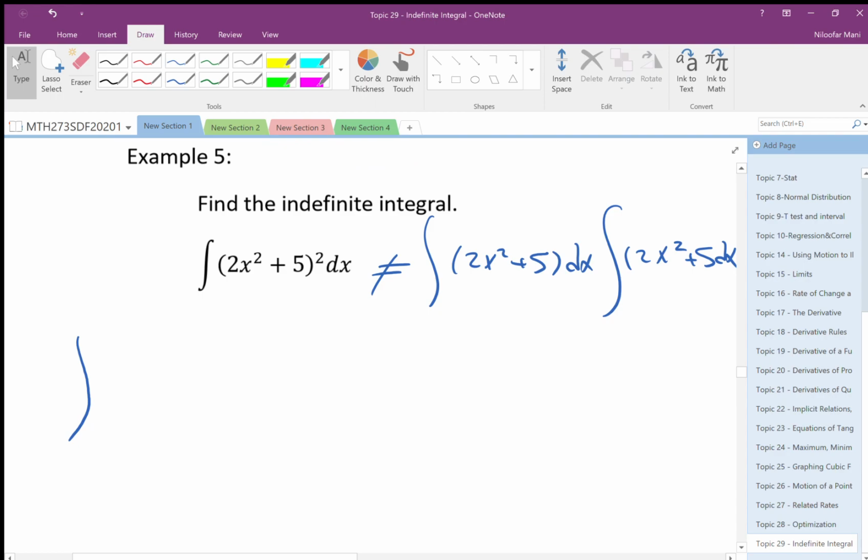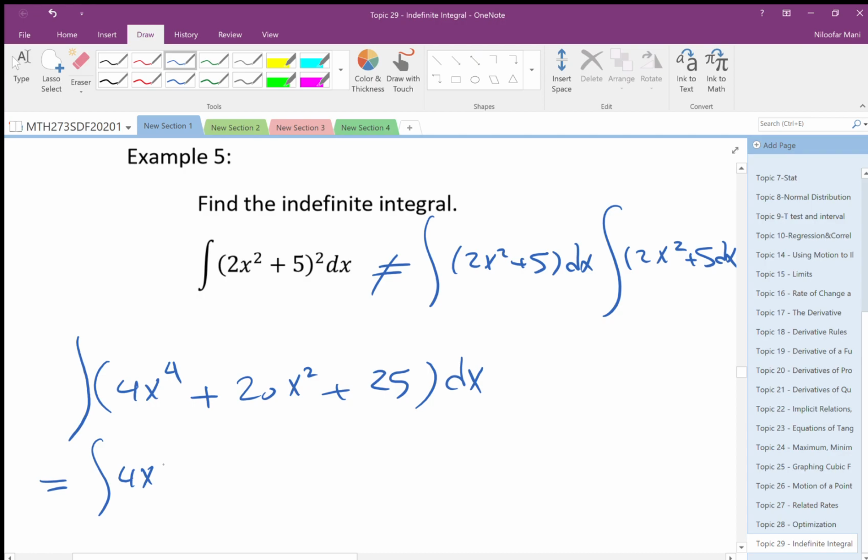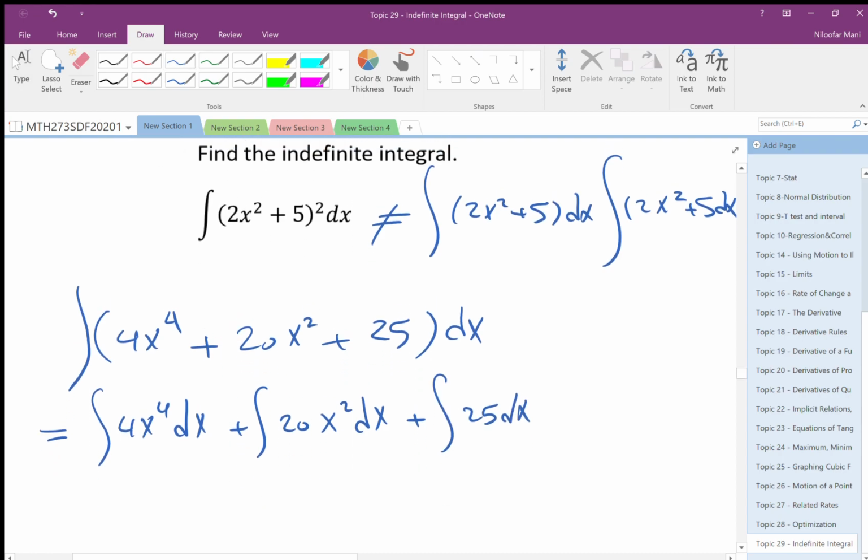Integral 4x power 4 plus 20x squared plus 25 dx. And then I can separate. Integral of 4x power 4 dx plus integral of 20x squared dx plus integral of 25 dx. And then I do it step by step.